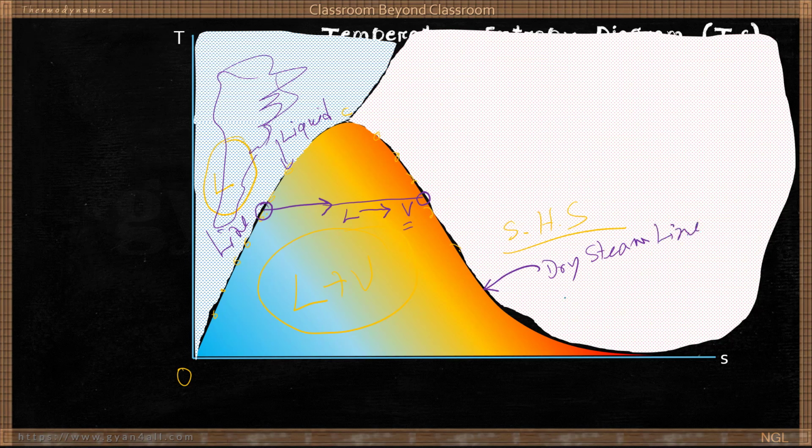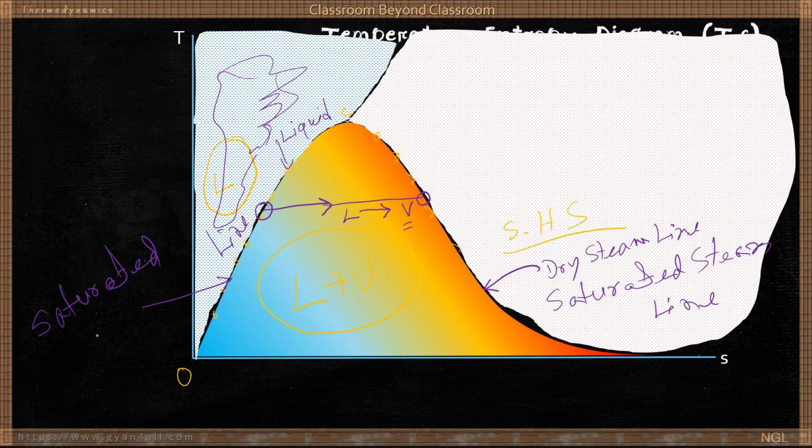This is also known as the saturated steam line. And this line is also known as the saturated water line.